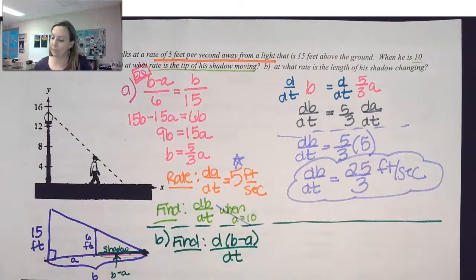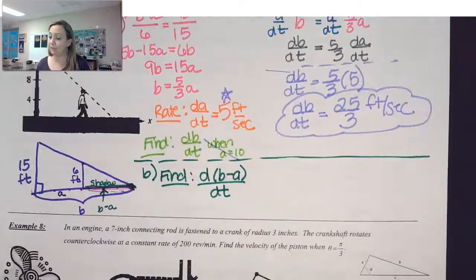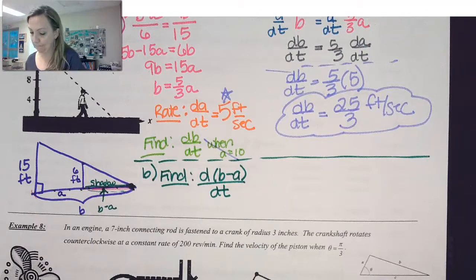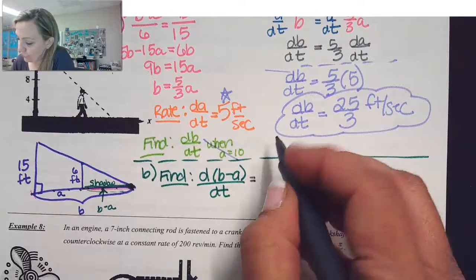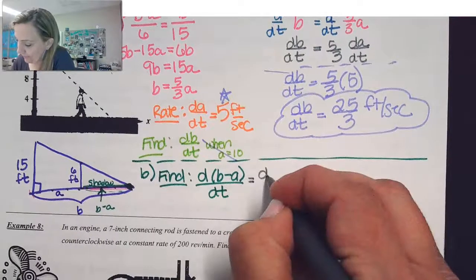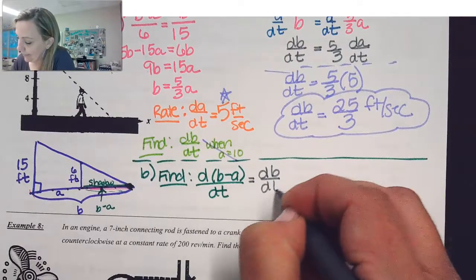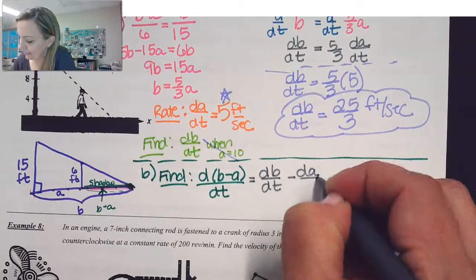So that's really going to be the derivative of B minus A with respect to t. Well, let's think about what we could do with these derivatives. One creative thing that you could do is to use the rules and see that this is really going to be the same as dB/dt minus dA/dt.